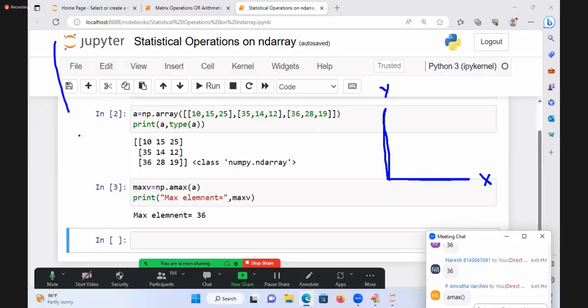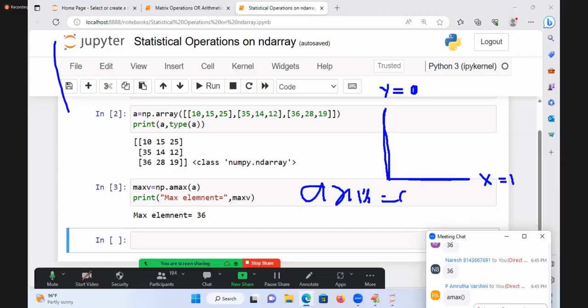The vertical line is called columns, indicated by the y-axis. The horizontal line is called rows, indicated by the x-axis. In NumPy, most of the time, axis 0 represents columns and axis 1 represents rows.